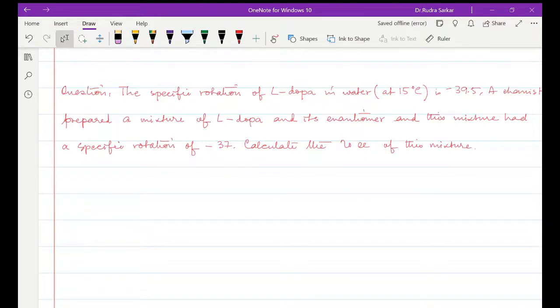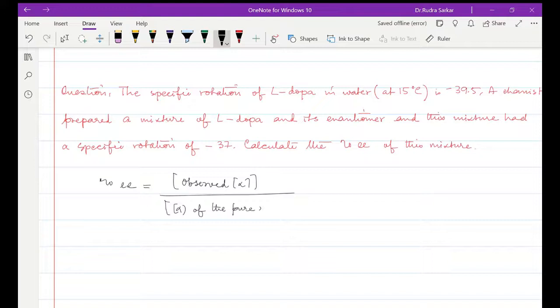We have to calculate the percentage of enantiomeric excess, which we will say again observed alpha divided by alpha of the pure enantiomer times 100.